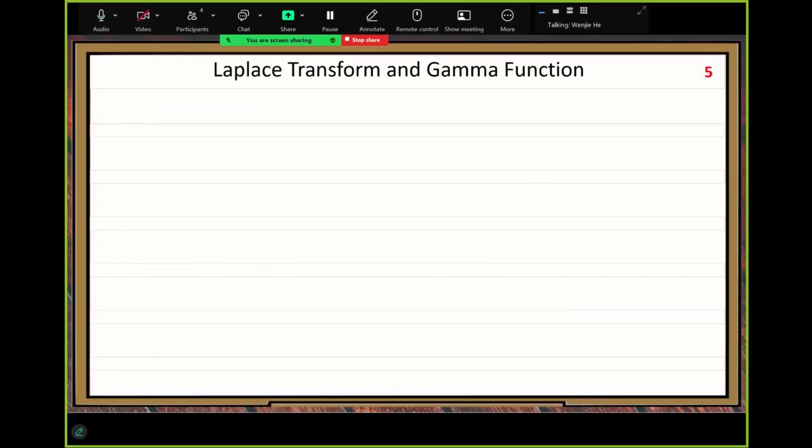First, let me give you the definition of the gamma function. You can see its form is very close to the Laplace transform. Look, this is the definition: gamma of nu plus 1, where nu is a constant greater than negative 1, so nu plus 1 is greater than 0.